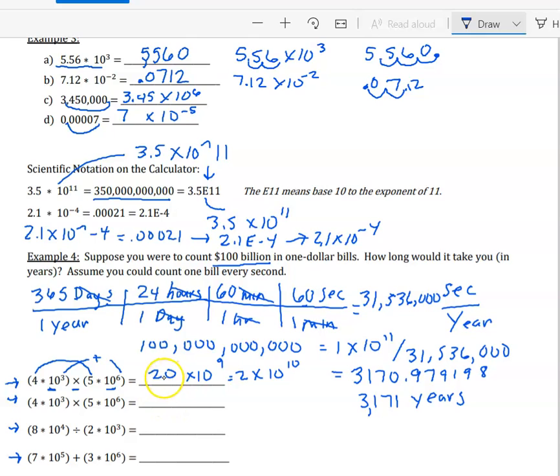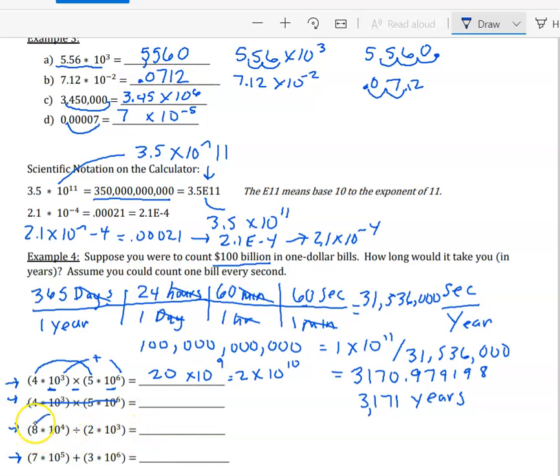Because we would have to move our decimal place over 1 to get it to where we need it to go. Now, if we're doing division, we want to do the opposite.